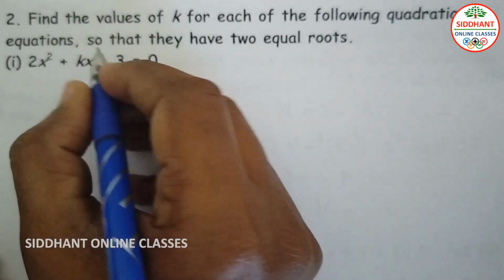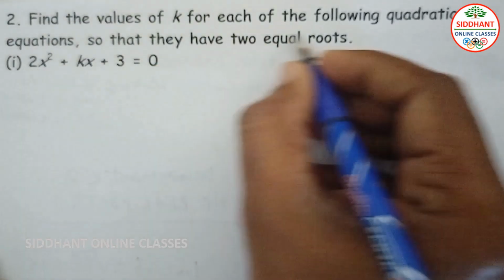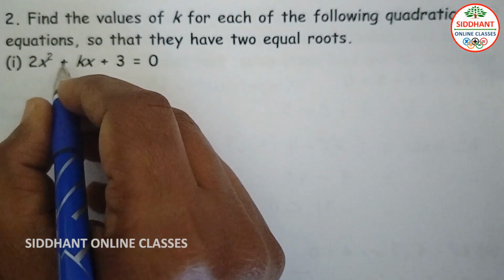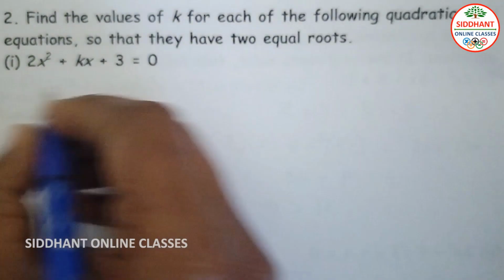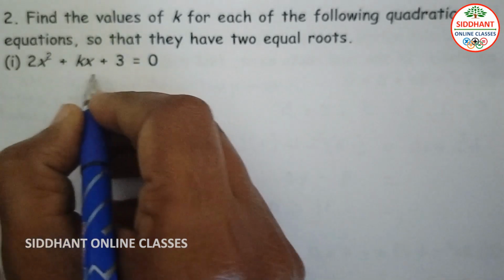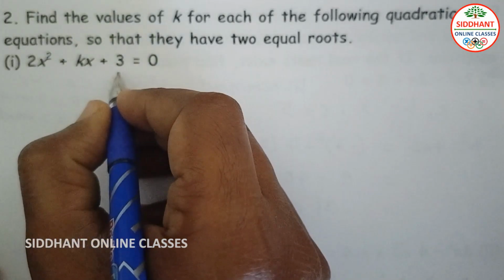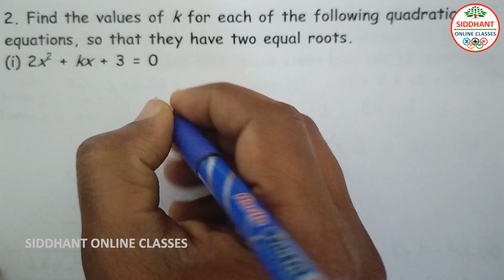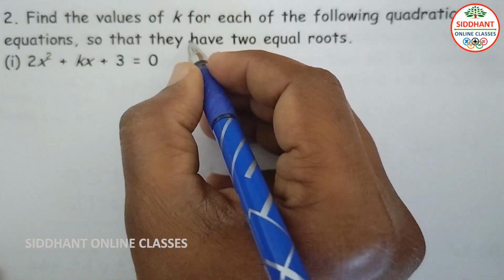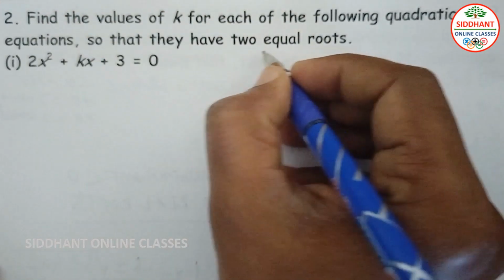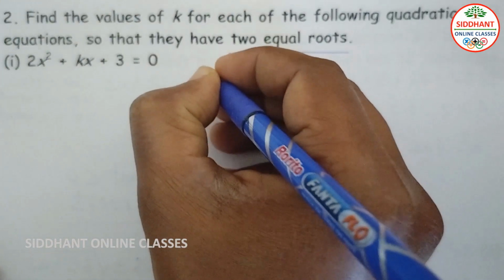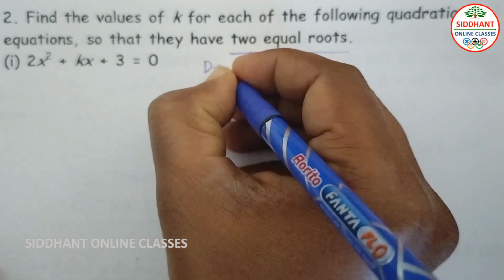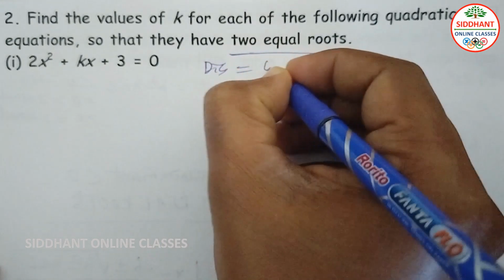Question number 2. Find the values of k for each of the following quadratic equations so that they have two equal roots. First one, 2x² + kx + 3 = 0. So in the question they have given two equal roots. So two equal roots means discriminant is equal to 0.